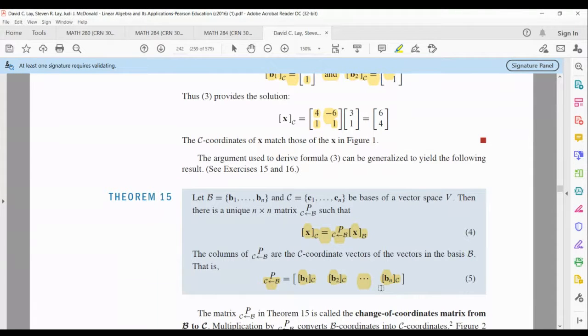We've motivated this whole theorem, why it's true, with an example. That's how I generally like to do it: when I see theorems, I like to look at examples to help motivate the theorem. Are there any questions on this?